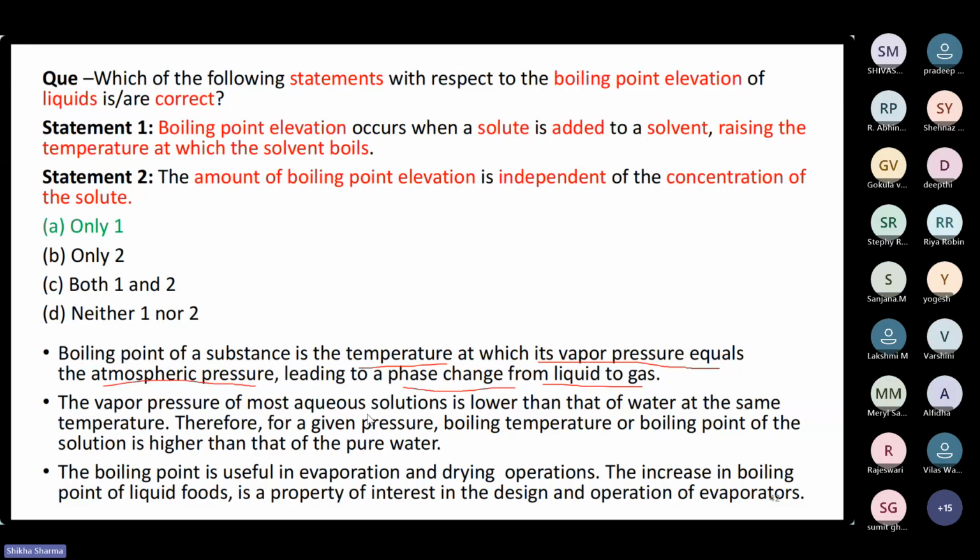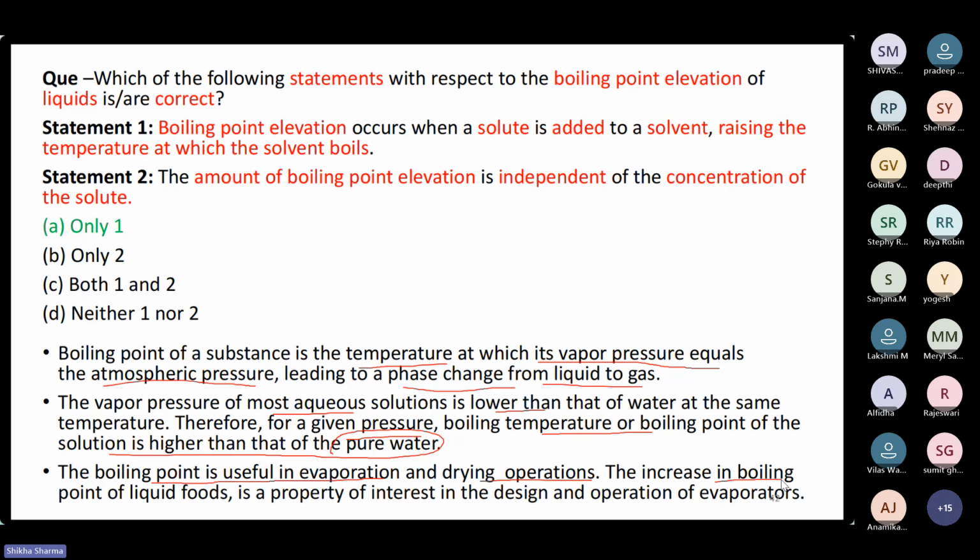The vapor pressure of most aqueous solutions is lower than that of water at the same temperature. Therefore, for a given pressure, the boiling point of a solution is higher than that of pure water. So boiling point is useful in evaporation and drying operations.